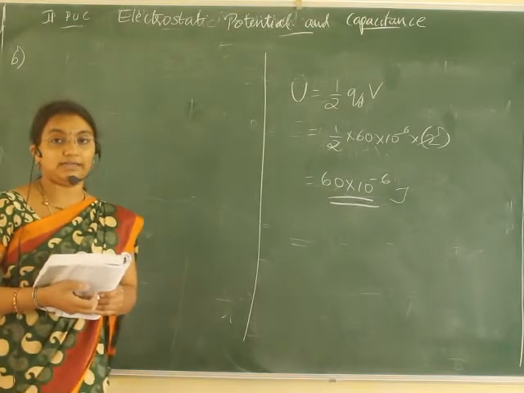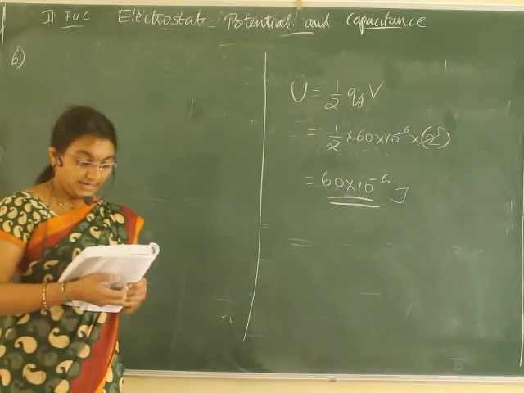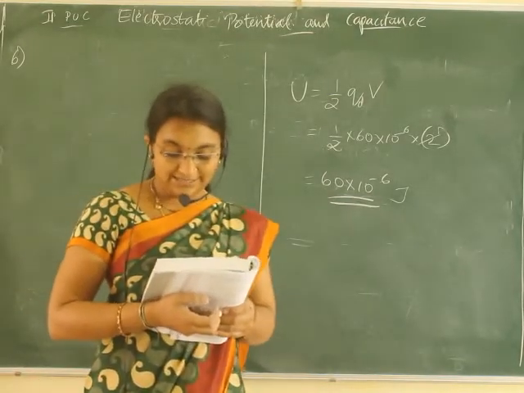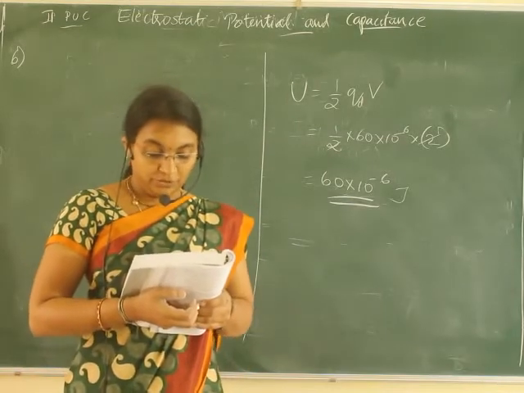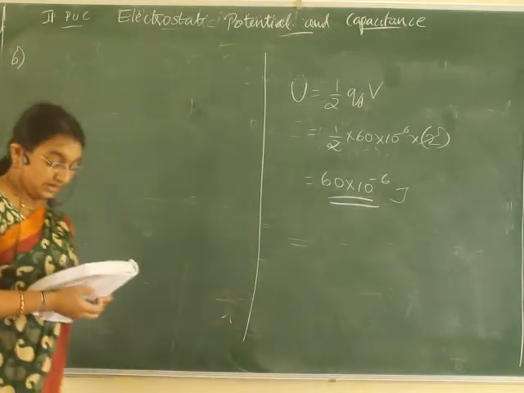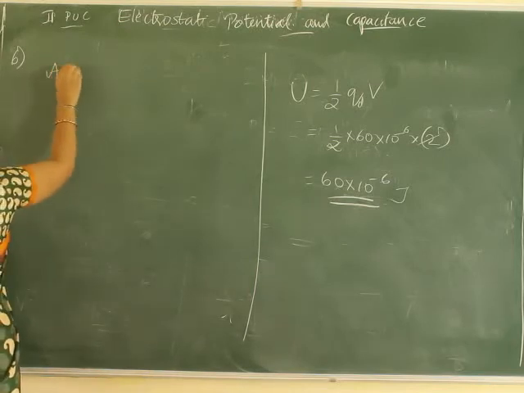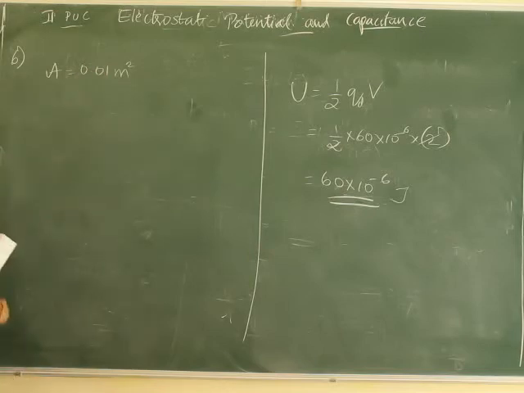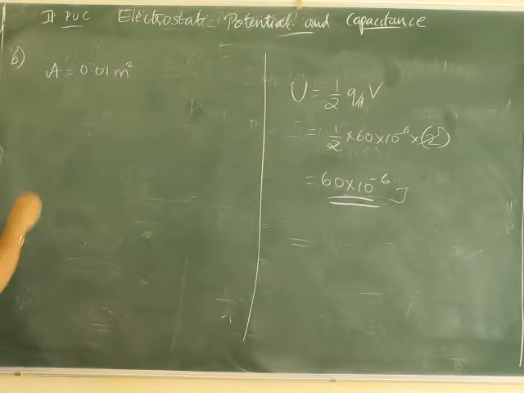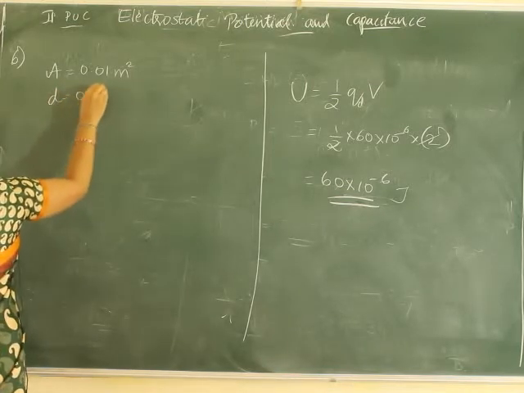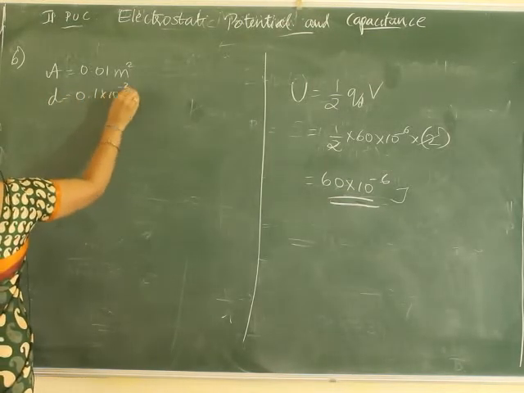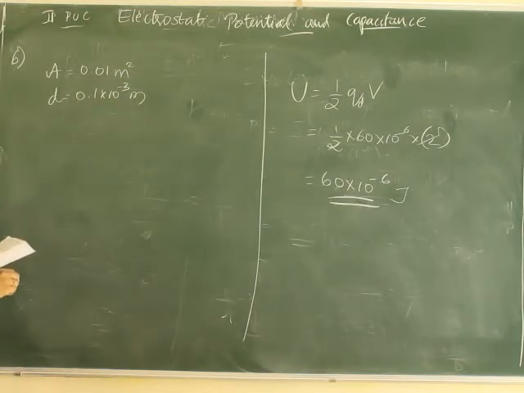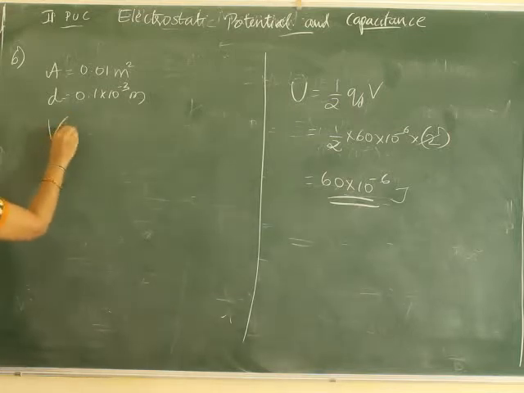Three you have to calculate, correct? Area is given, 0.01 square meter. Then the separation is given, 0.1 millimeter. Next, charged to a potential V is equal to 50 volt.